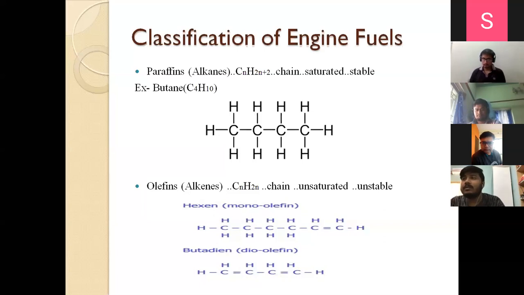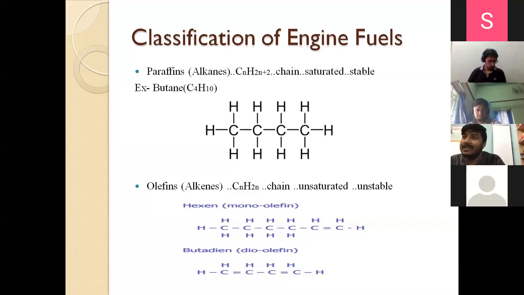What is the chemical formula of methane? You can write it in the comment box. Let me tell you, it is CH4, where N is 1. If I put N as 1 in this equation, it will come C1 and H2 plus 2, that means 4.